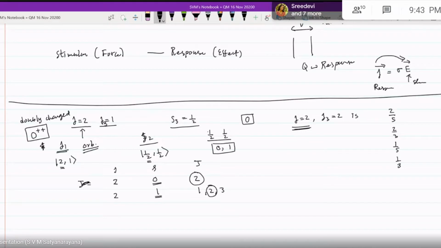But anyway, they want you to know J equal to 2, and J3 equal to 2. So from here I have to pick up this 2, and from here I have to pick up this 2. Okay. Now what is the probability that J equal to 2 and 2?